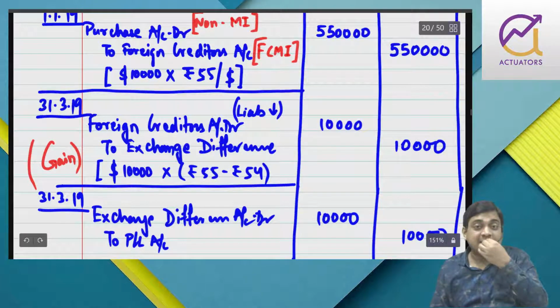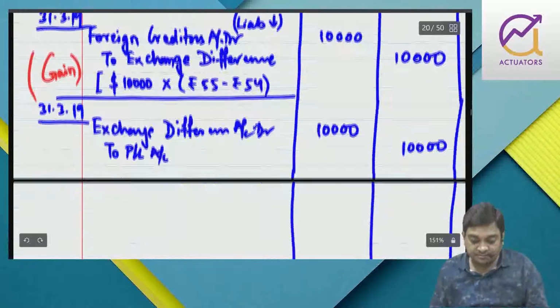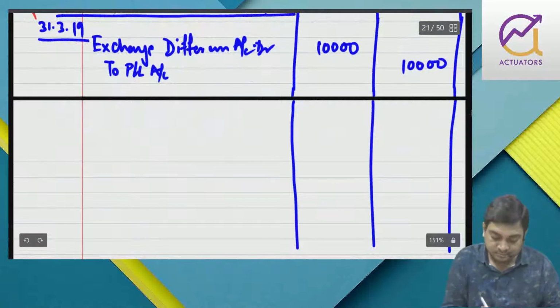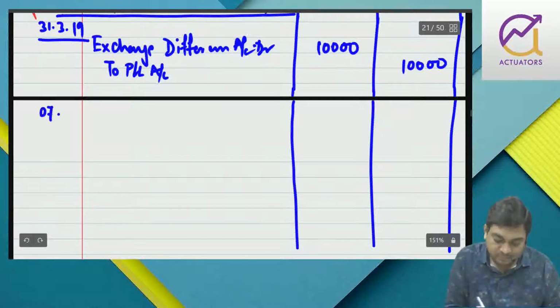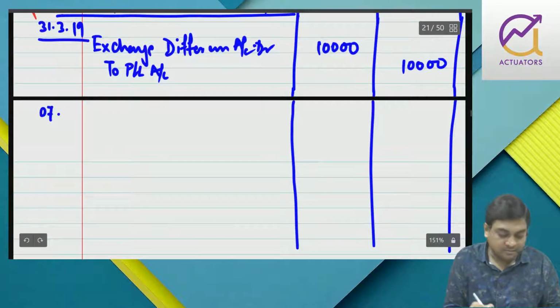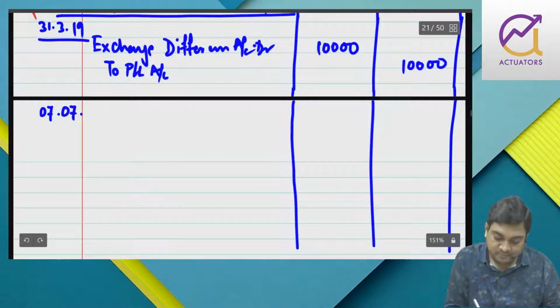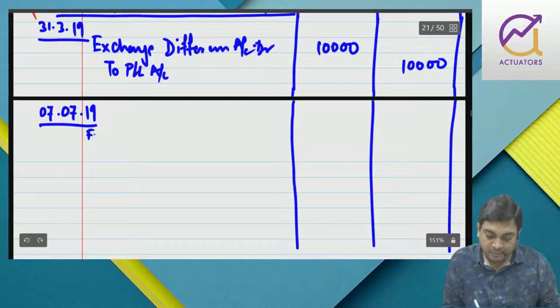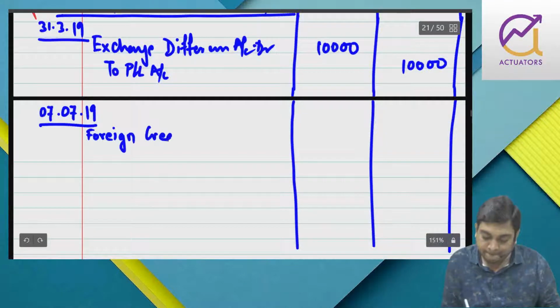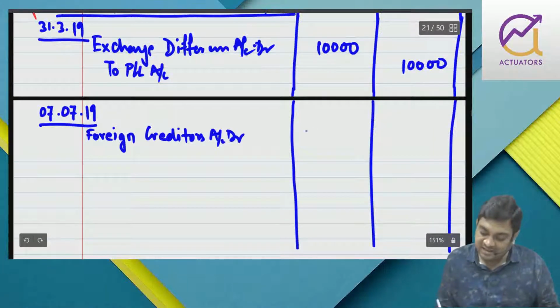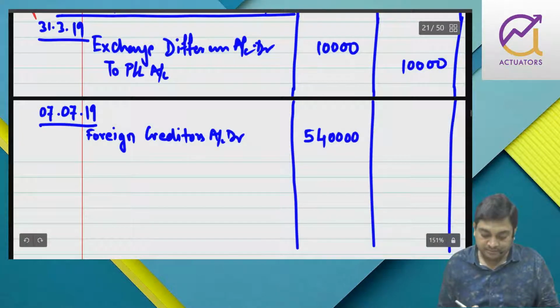So now the liability is at 5,40,000. So foreign creditors is now in your books at 5,40,000.